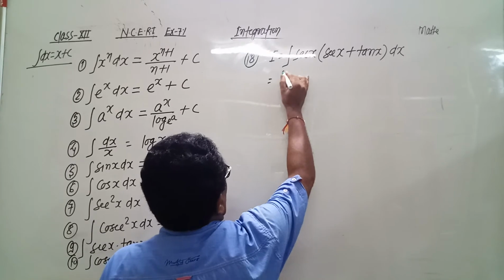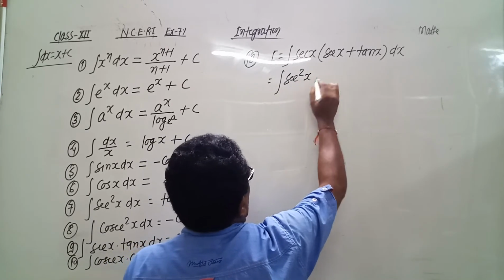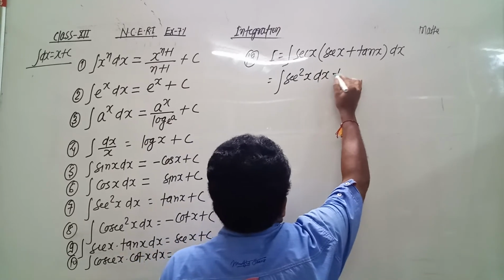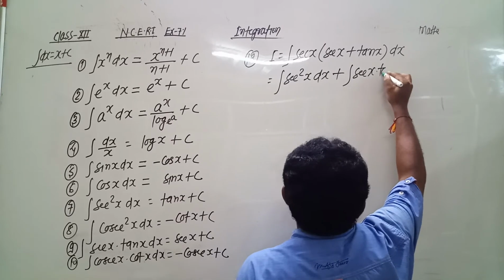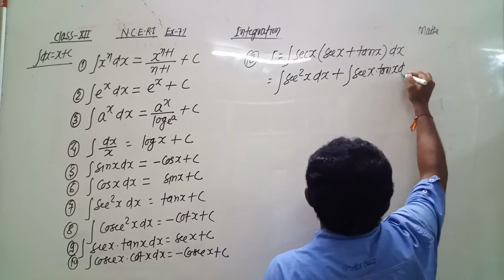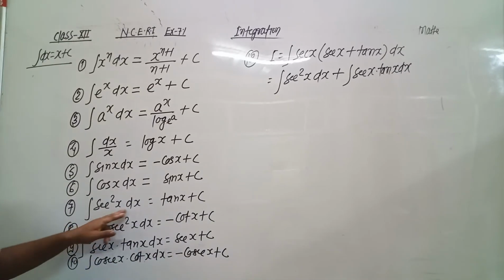Sec x multiplied by sec x, we get sec square x dx plus integration of sec x into tan x dx. And the formula for integration of sec square x dx is tan x.